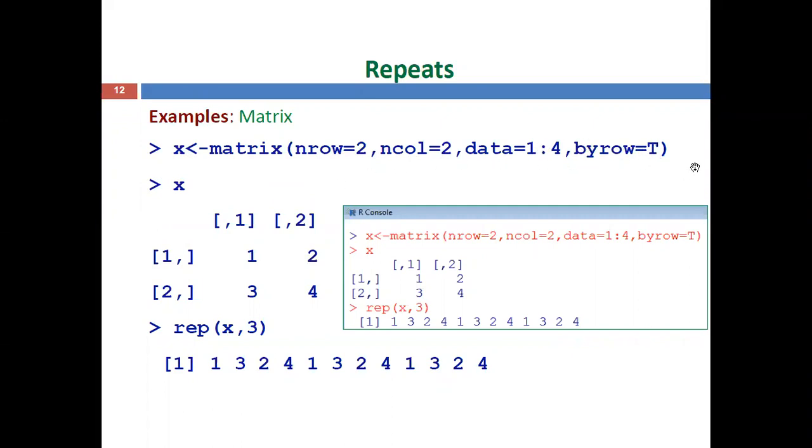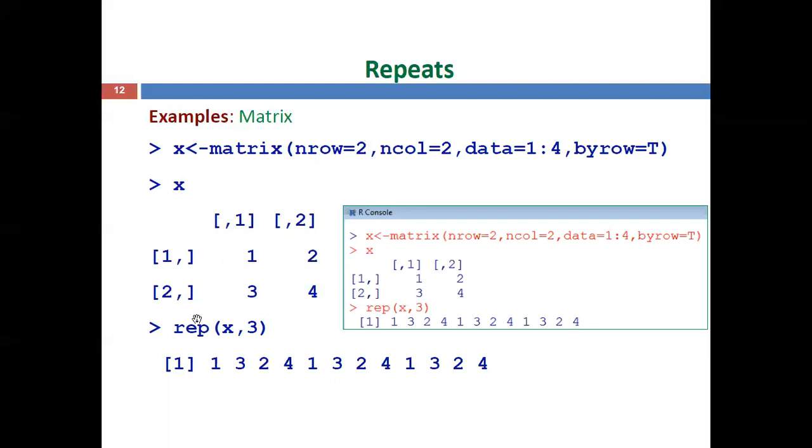That means the data 1 to 4 is stored in the matrix in row order. After executing this, you can see the output. The first row stores the first two values, 1, 2. The second row stores the remaining two values, 3, 4. So this is the output of the matrix.